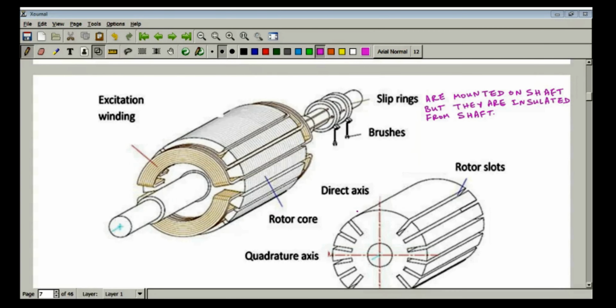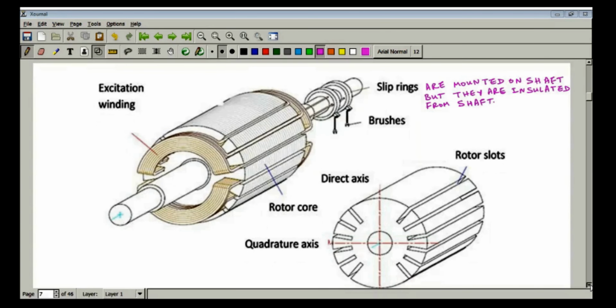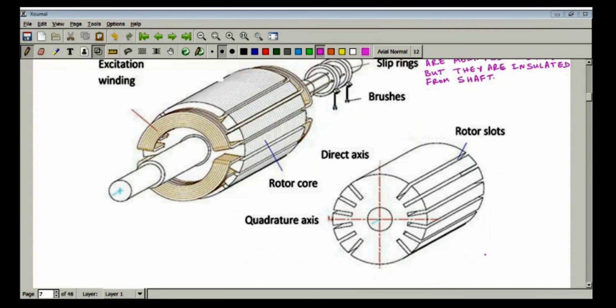These are the brushes. Now you can see regarding the rotor surface, this portion of the rotor is kept unslotted. If I trace it over here, this is the unslotted portion of rotor. There are no slots over here.